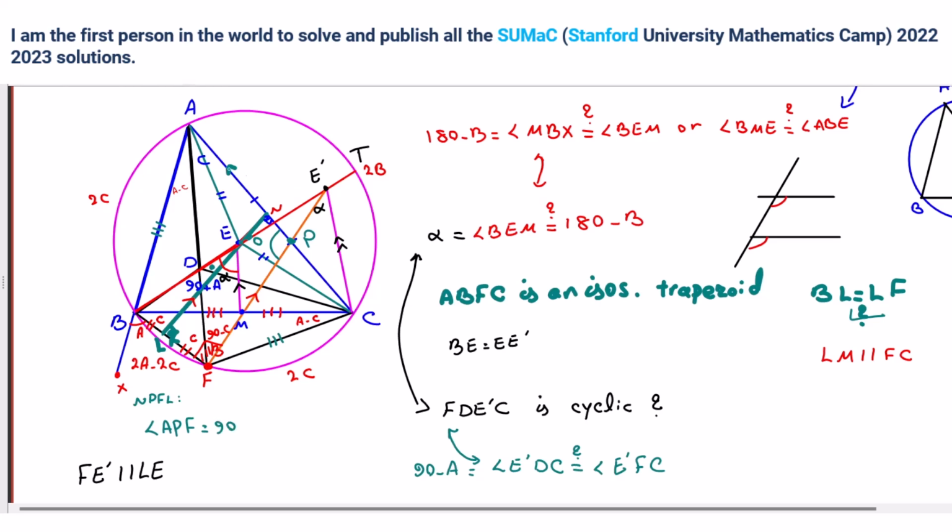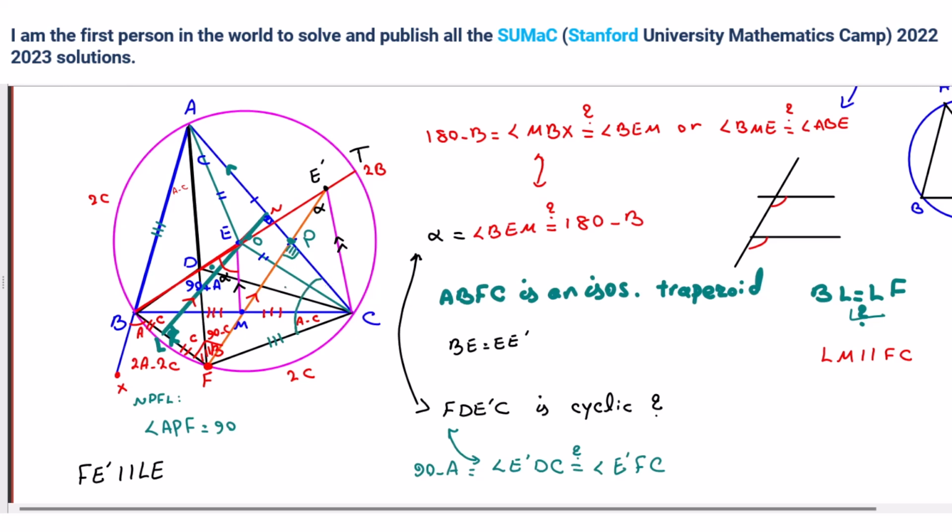Or you can say we know these two lines are parallel, BF and AC, and also these two lines are parallel, we proved. So it's a parallelogram, so this one is 90, right? Yeah. Okay, so this is 90 degrees.